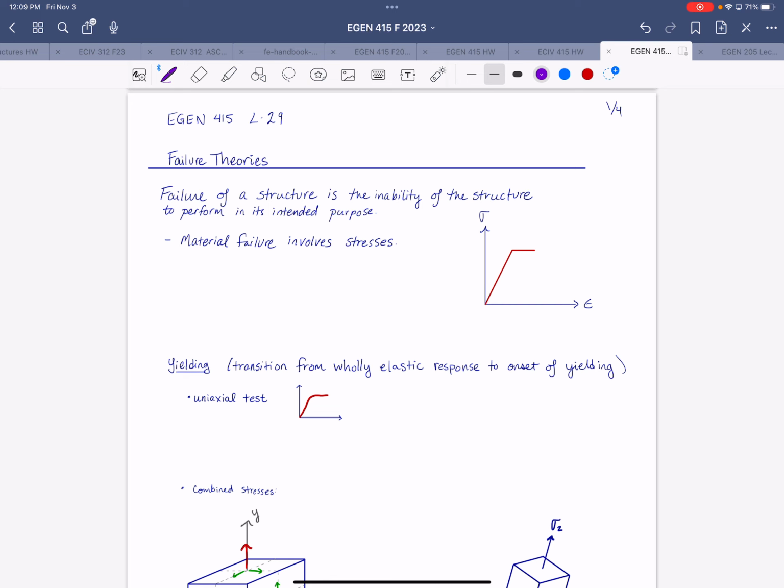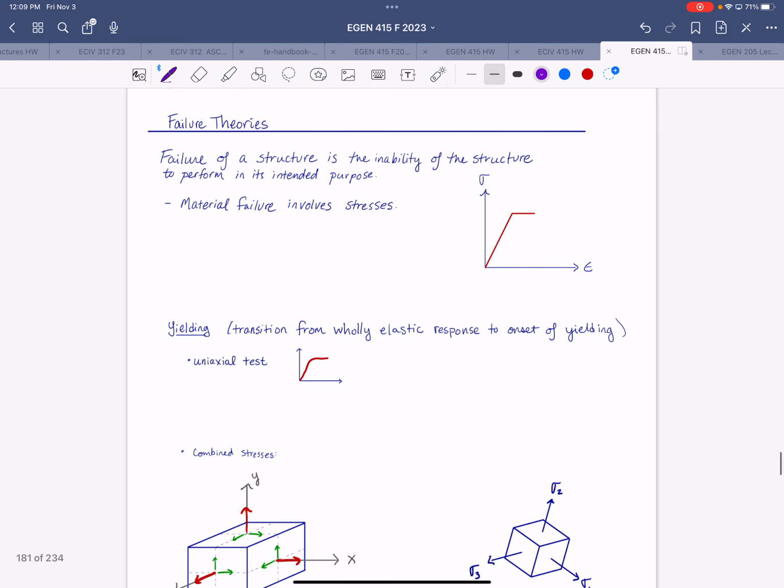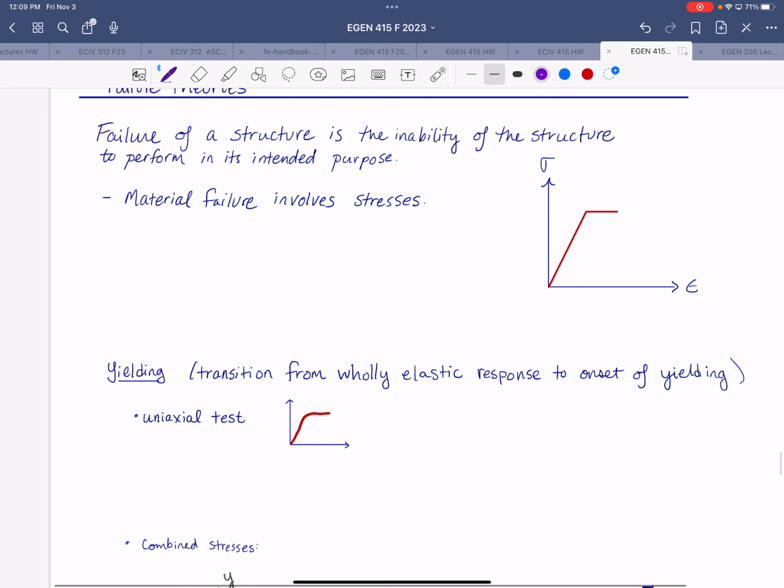There are different mechanisms of failure, and they all involve stresses. Some modes of failure include, I'll list a few of them, and then in this class we're really just going to focus on one of those.